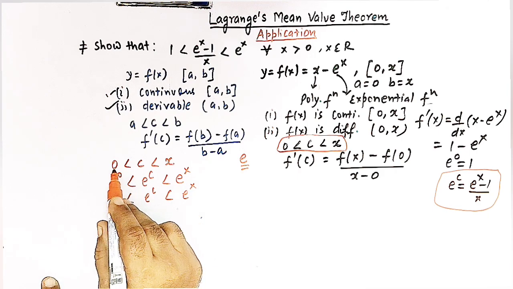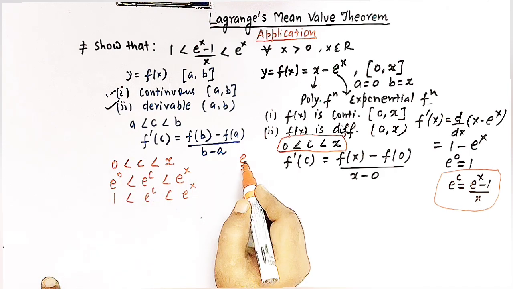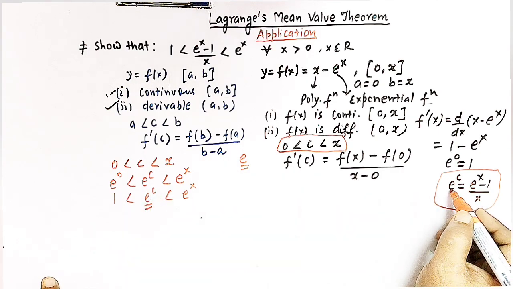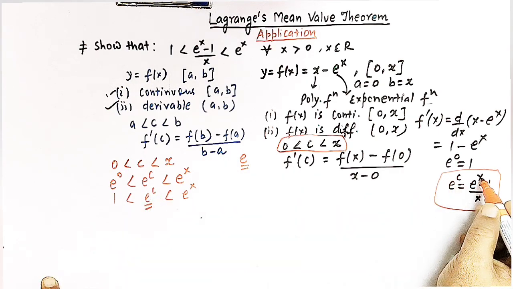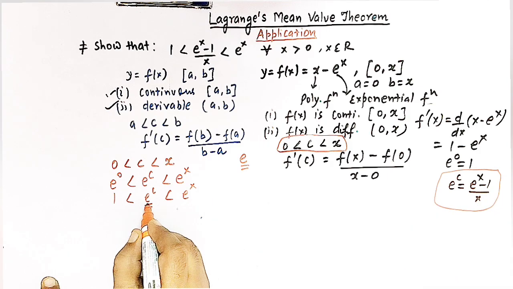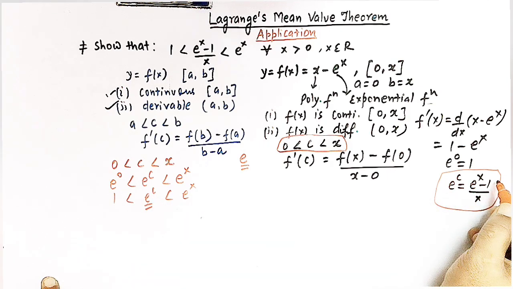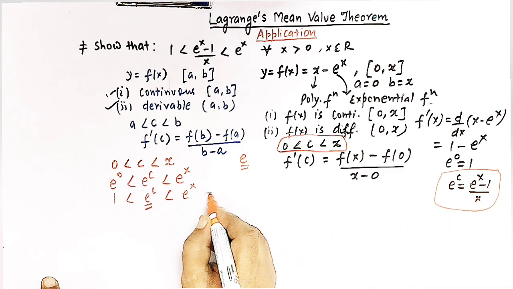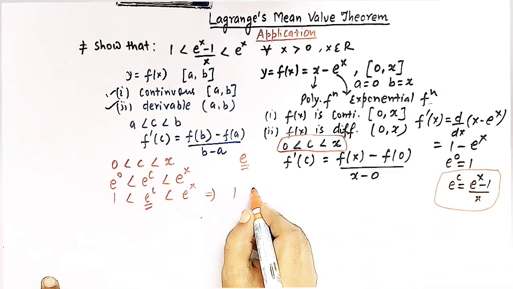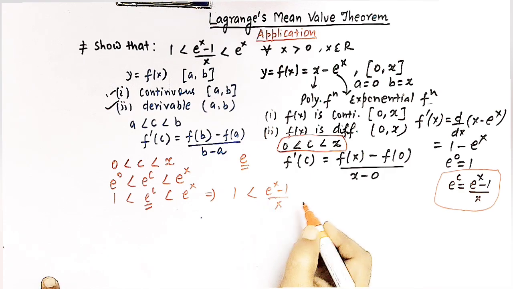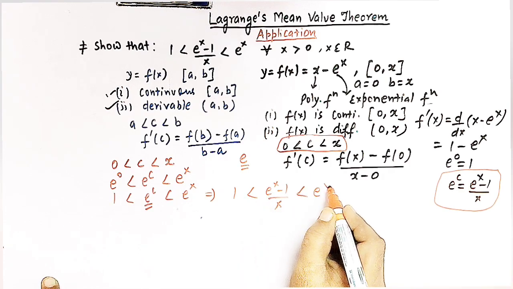So the purpose of raising these three terms to the power of e is to get e raised to c, and here e raised to c is e raised to x minus 1 over x. So taking e raised to c as this expression, we can now write 1, and here we have e raised to x minus 1 over x, and here we have e raised to x.